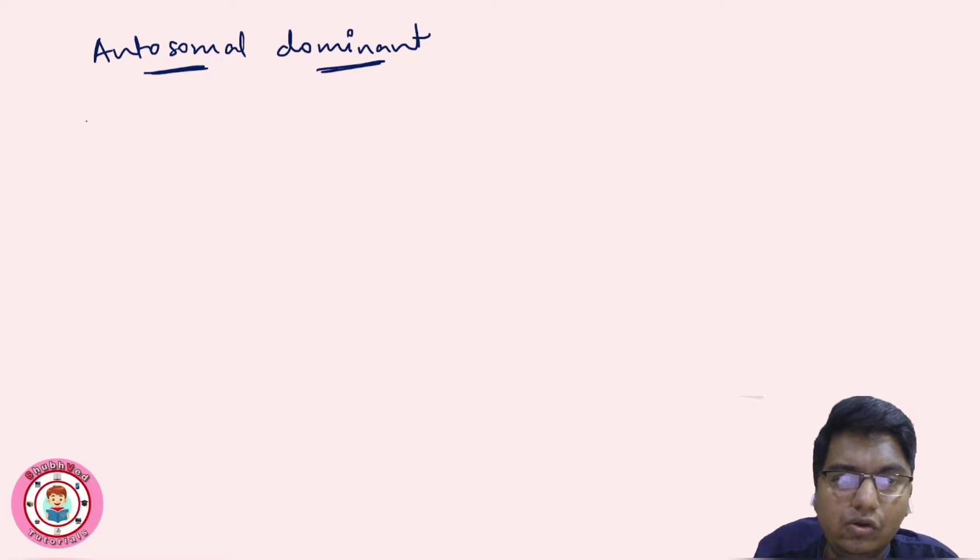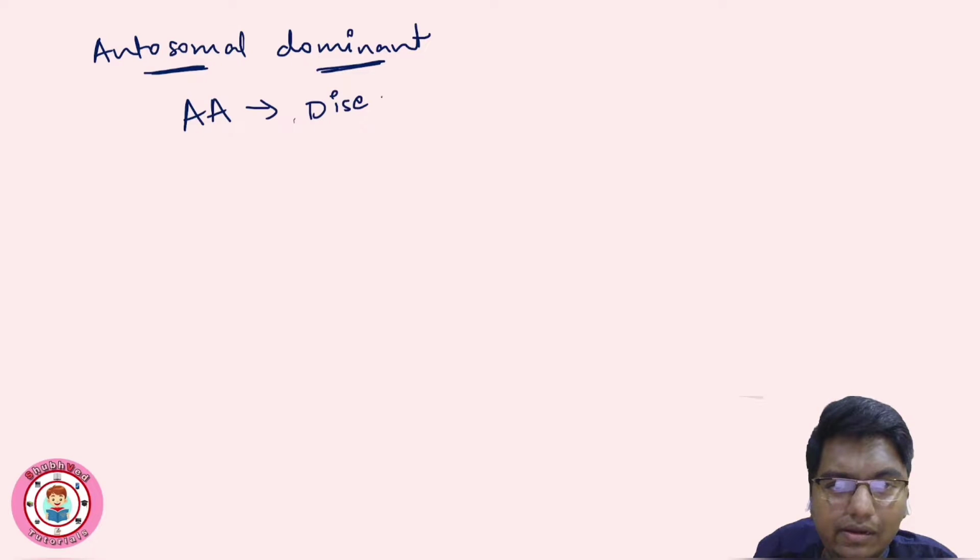Now the second type is the autosomal dominant. Autosomal dominant, see in this, dominant allele both will show the disease, right?